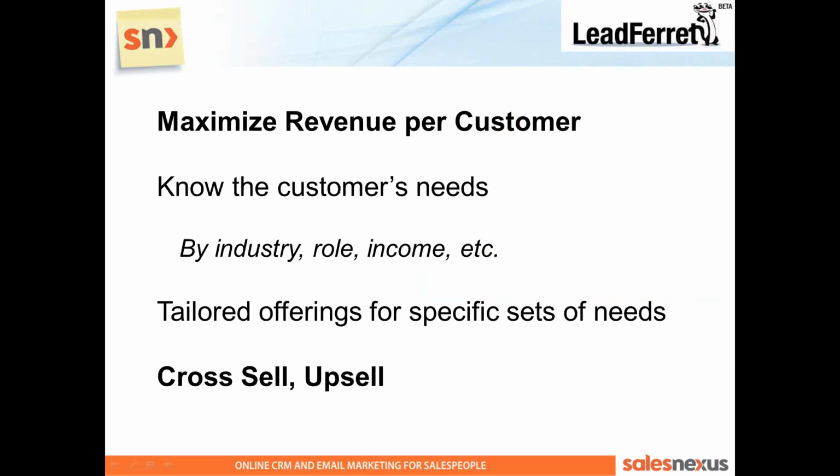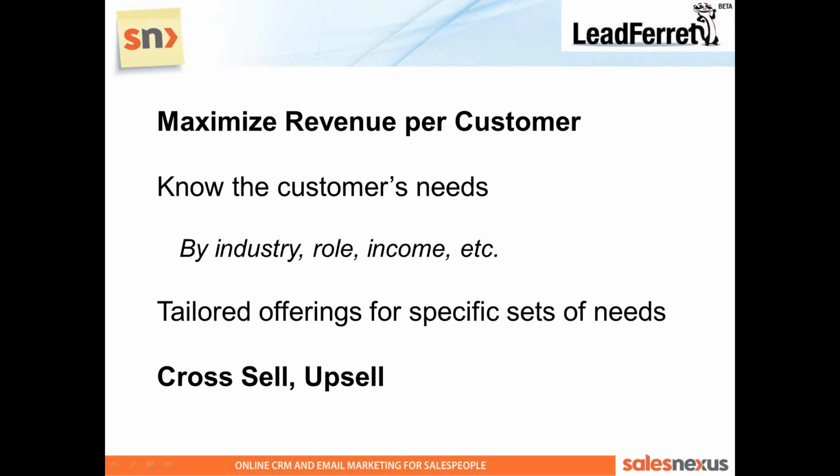Okay, so the other universal goal is maximizing revenue per customer. So how do we do that? Well, obviously we want to know the customer's needs in as much detail as we can. We want to know about their industry and what that tells us about what their needs are. We want to know about their role in their organization and what that tells us.